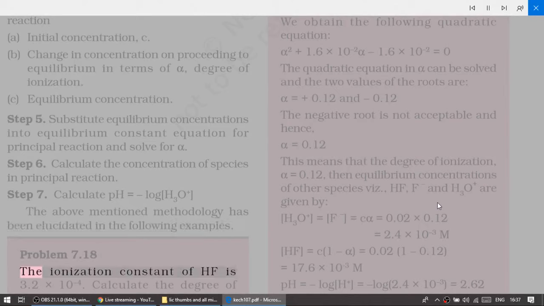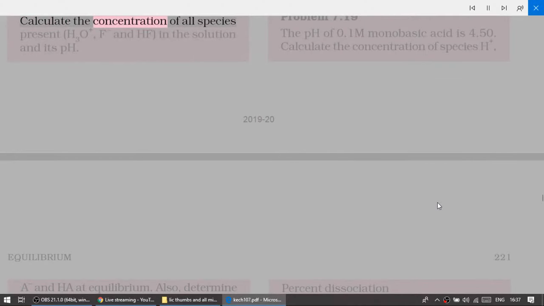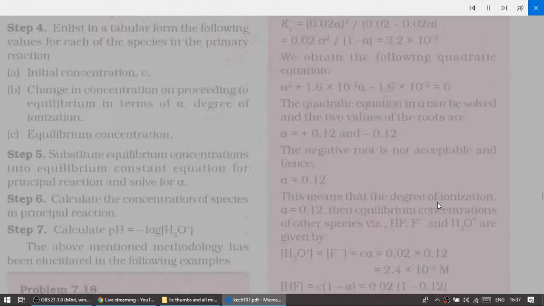Problem 7.18. The ionization constant of HF is 3.2 × 10⁻⁴. Calculate the degree of dissociation of HF in its 0.02 M solution. Calculate the concentration of all species present, H3O+, F− and HF, in the solution and its pH.